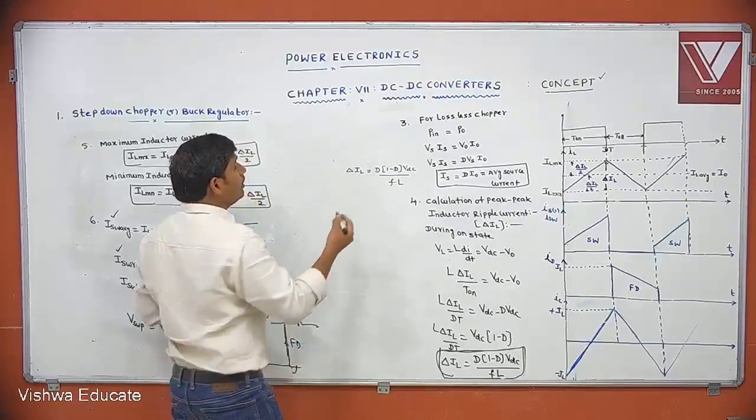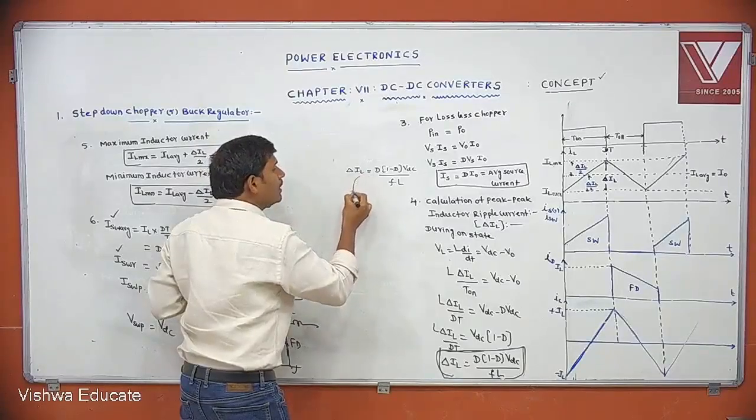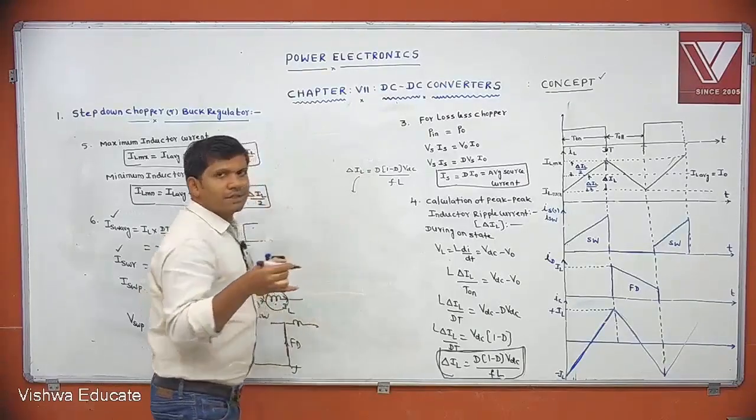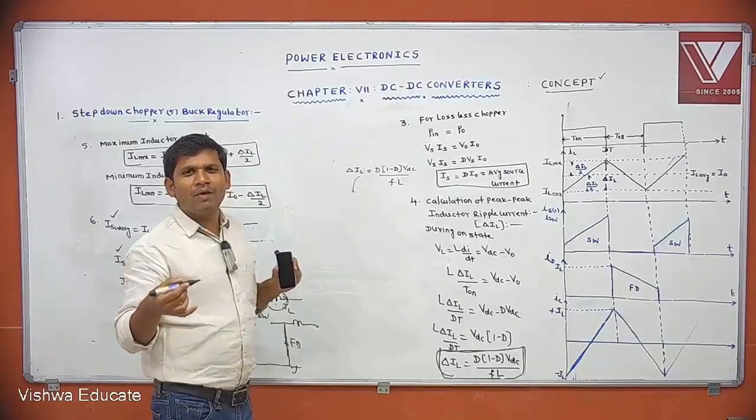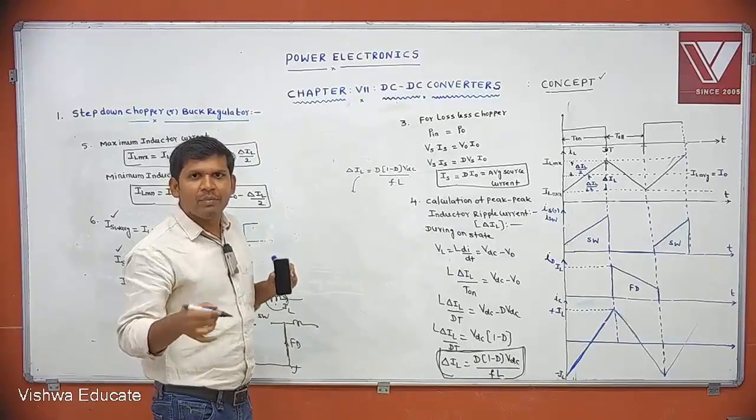Now, this peak to peak inductor ripple current. Then the question is asked, at what value of duty cycle are ripples maximum in a buck regulator?